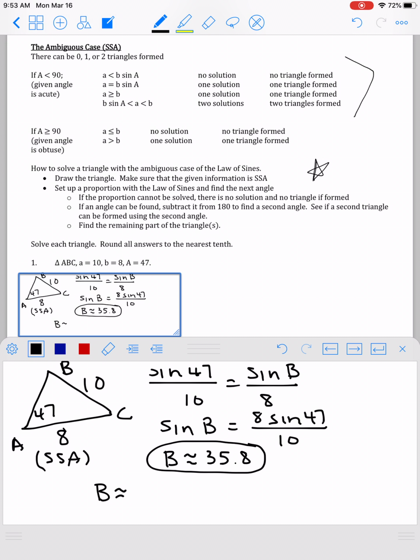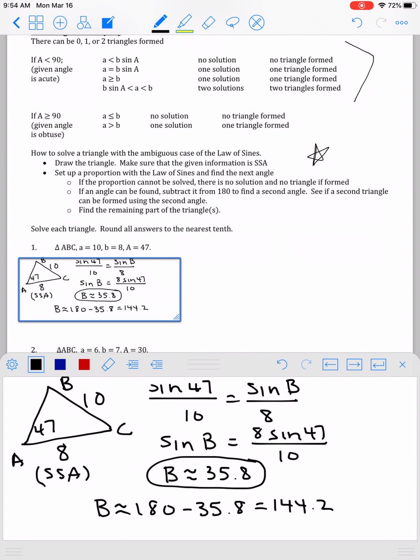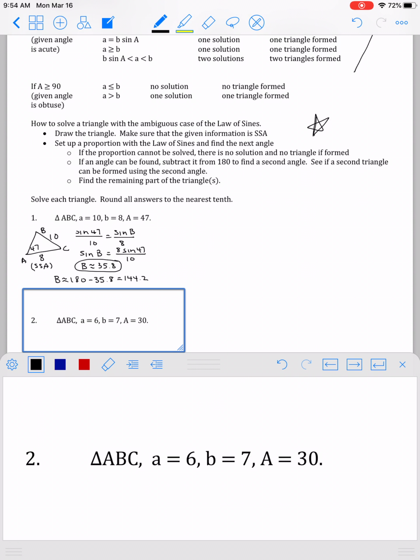So we're going to take our angle, subtract it from 180, which gives us 144.2. And the reason we're subtracting from 180 is because sine is positive in quadrant 1 and quadrant 2.